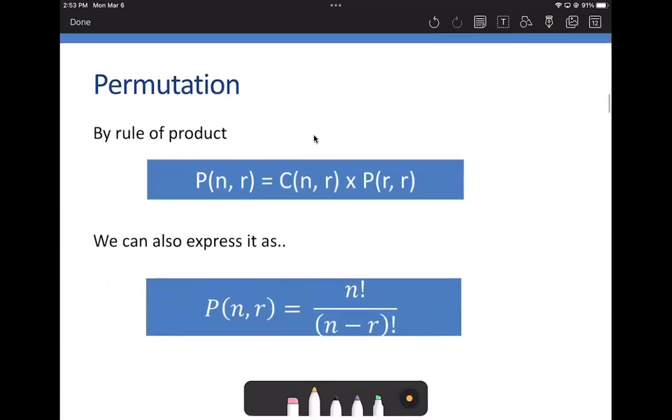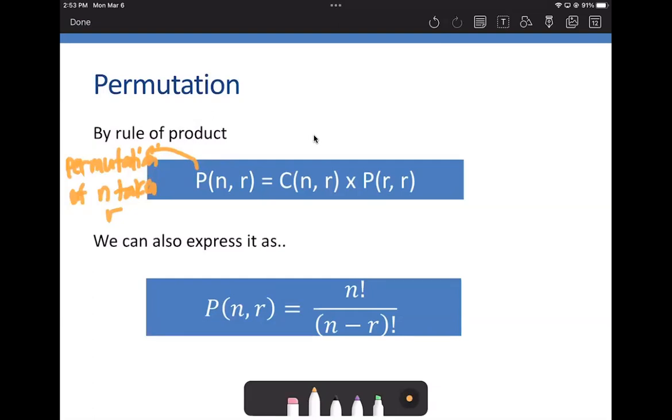Let us move on. By the rule of product, the permutation may be denoted as permutation of n taken r. We can write this as P(n, r), and it is equal to the combination of n taken r times the permutation of r taken r.